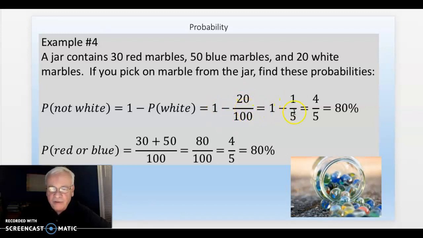So 1 minus 1/5 is 4/5. It's 80%. Of course it is, because it could be red or blue, which is our second problem here. What's the probability of getting a red or a blue one? It's the same, 80%, of course. It's the same probability as not getting a white one. We can just calculate it two different ways.